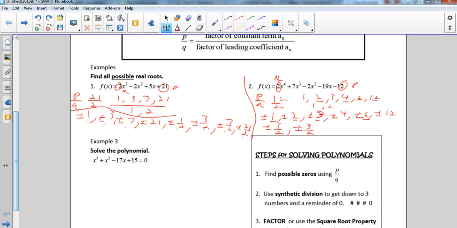So we're done. Those are the possible real roots. They're not all real roots of this polynomial, but any answers we get lie within those 16 possibilities.